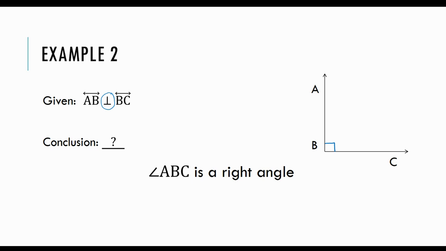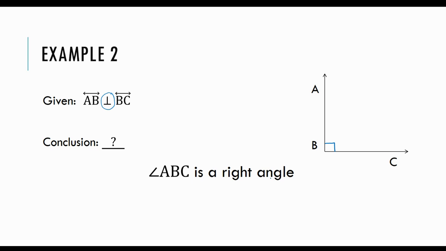And now I'm going to justify it with an if-then sentence. Remember, the if part is what was given. Since we were given that we have line AB perpendicular to the line BC, I'm going to broadly state that. So I would say if 2 lines are perpendicular, the then part is what we're concluding.